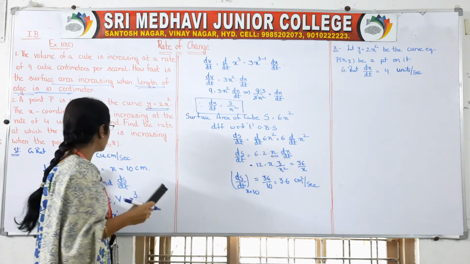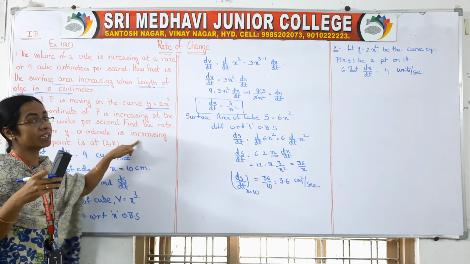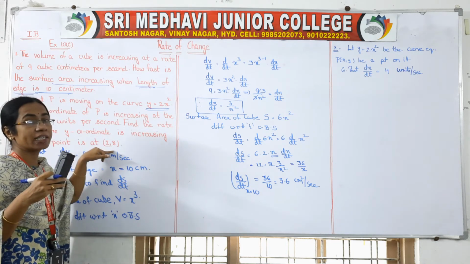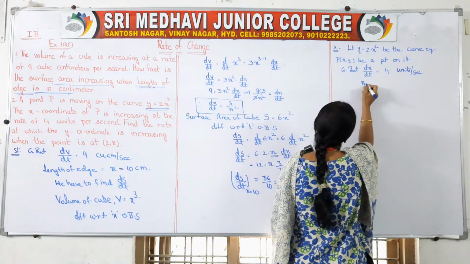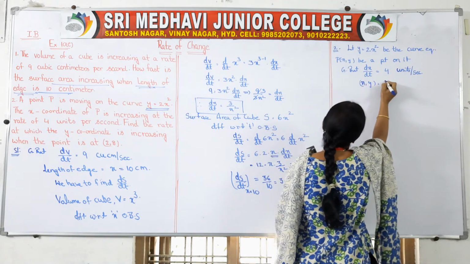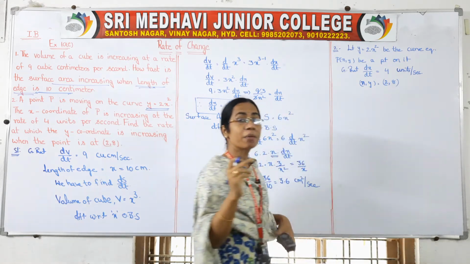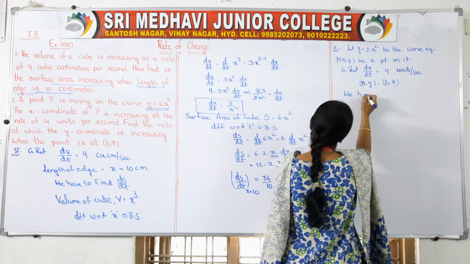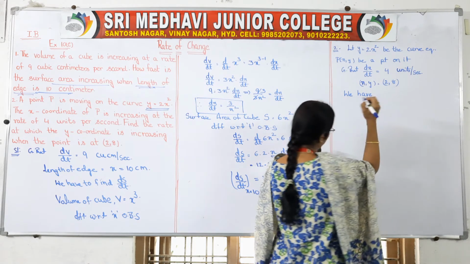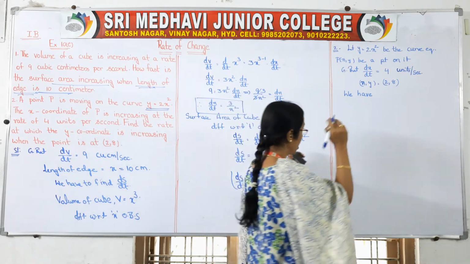Then find at what rate the y coordinate is increasing when the point is (2, 8). So (x, y) is given as (2, 8). We have to find dy by dt. Which value do we have to find? The rate of change in the y coordinate.